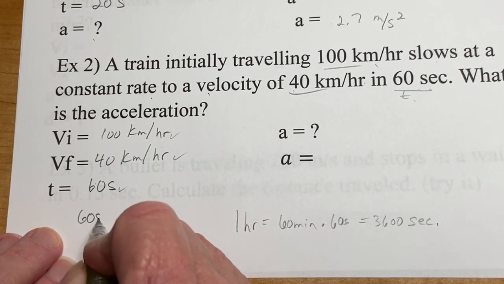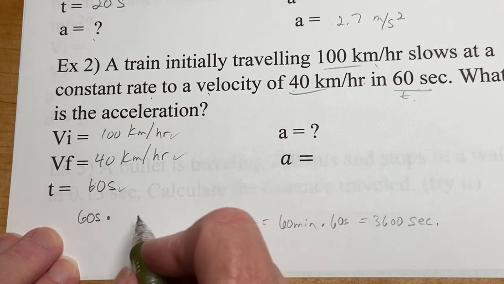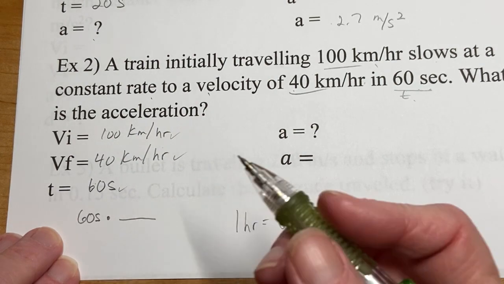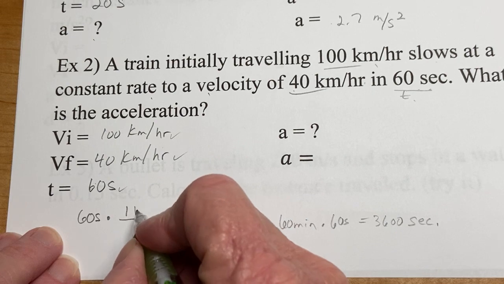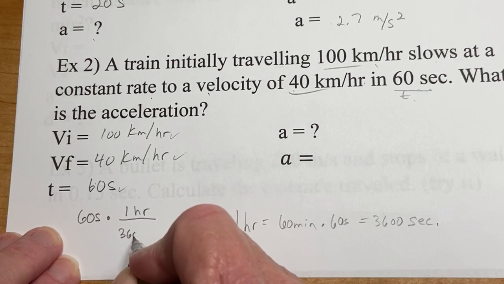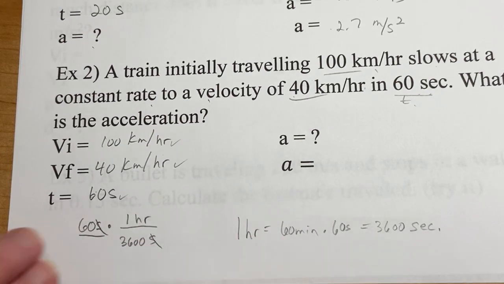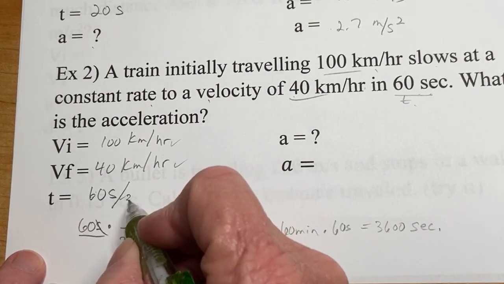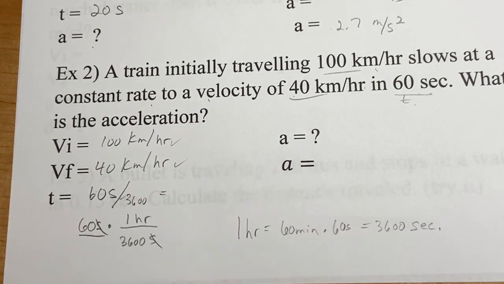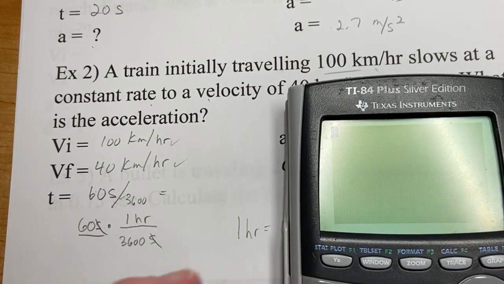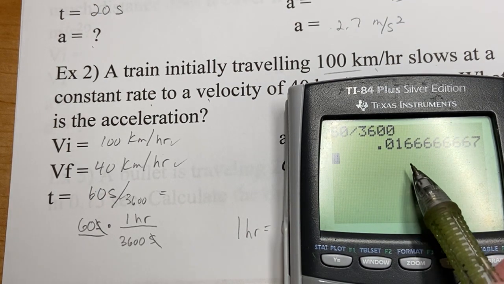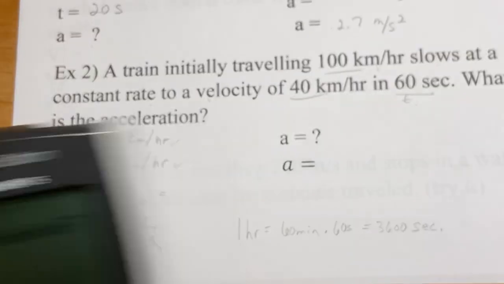I have 60 seconds, and I'm going to times it because I need it to be in hours. 1 hour is 3,600 seconds. Seconds will cancel, and so basically I'm taking 60 divided by 3,600. All right, so let's see what that is. 60 divided by 3,600. I'm going to go 3 decimals and go 0.017, just so we're all on the same page.